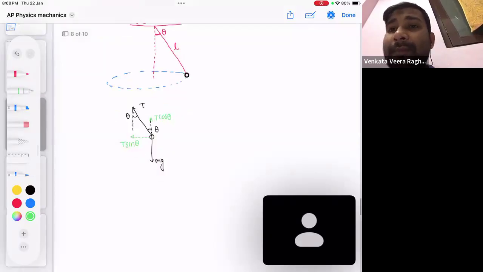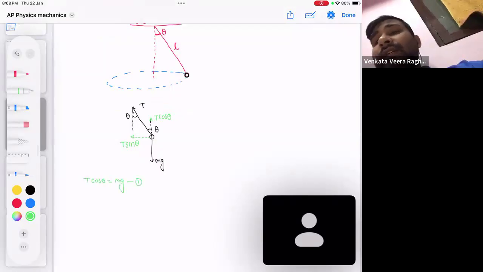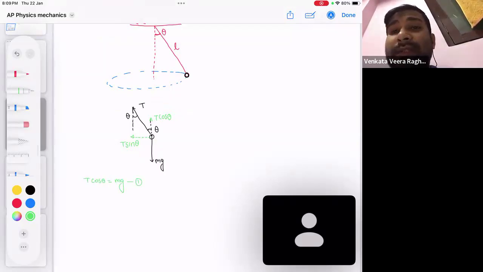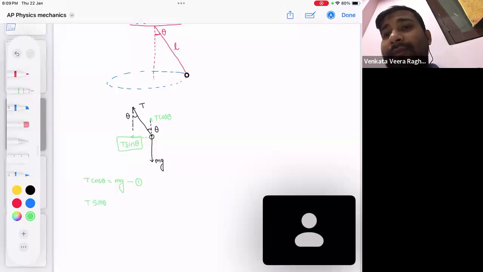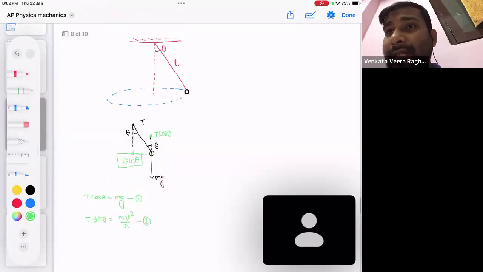From equilibrium, T cos theta is balanced by the mg force, because that is not towards the center, isn't it? Which force is towards the center? T sin theta is towards the center, so T sin theta we should write as mv square by r. Please tell me, is this clear? This is T sin theta, which we can write as mv square by r.